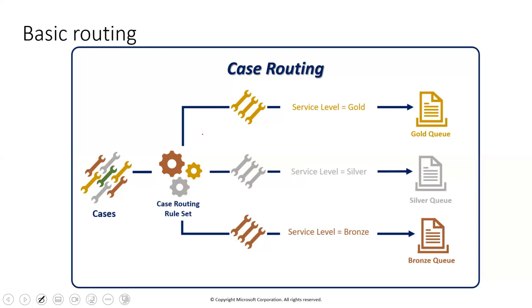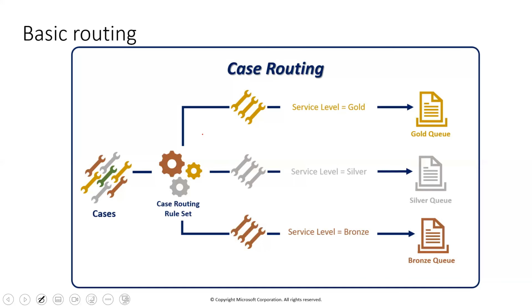So this is how the rule can be created. Same way, if the customer segment is silver, I need to divert the case towards the silver queue. Same way, if the customer segment is bronze, I need to divert the case towards the bronze queue.